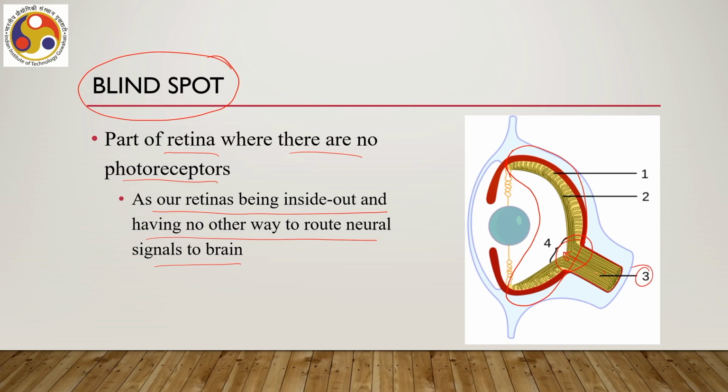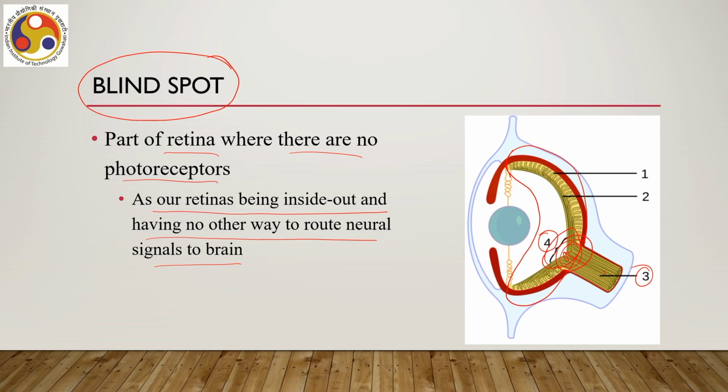The 3 indicates the optic nerve component. This region, labeled as 4, due to the physiology cannot hold any photoreceptors, because light will not reach them given the optic nerve spreading out around the retina.